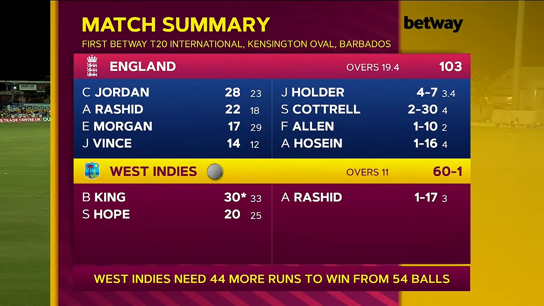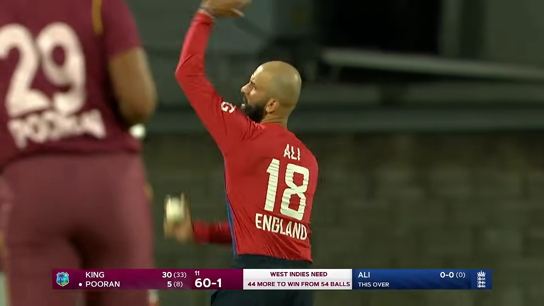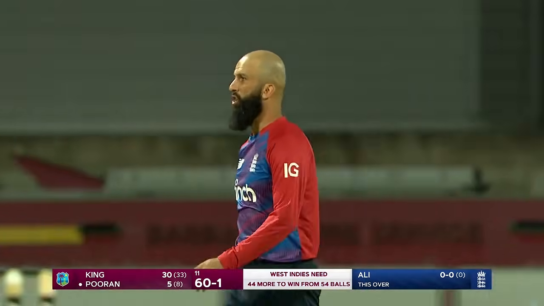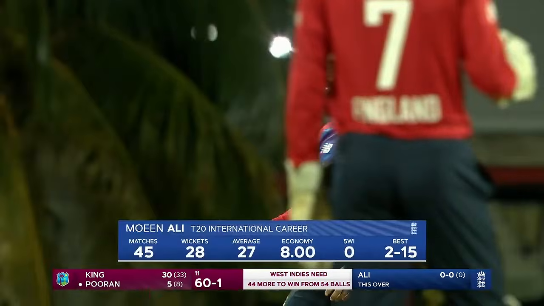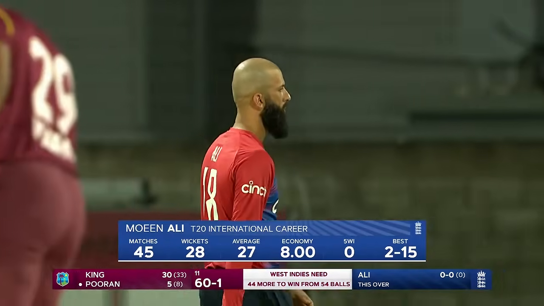Dominant stuff from the West Indies. Jason Holder with a career best in T20 cricket, not just in internationals, of 4 for 7. He was magnificent with the new ball and finished things off with the old. There was turn for Keel Hussain. And Eoin Morgan turns for the first time to Moeen Ali.